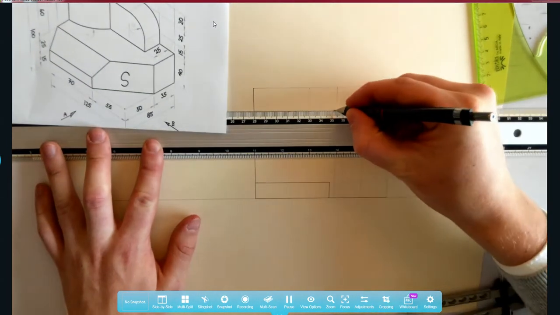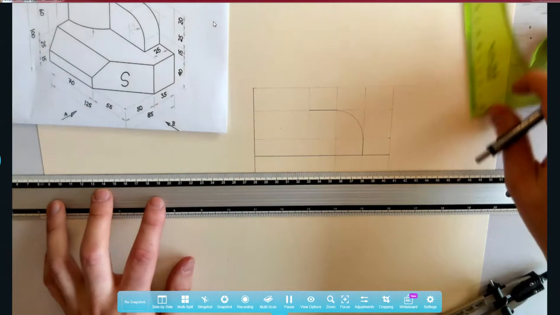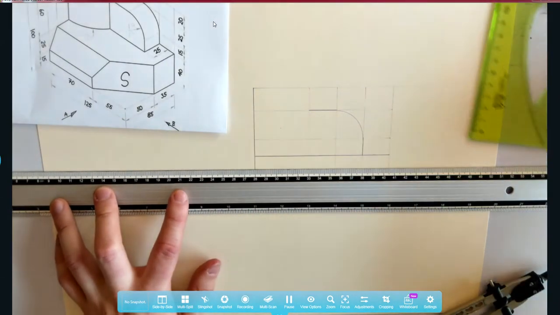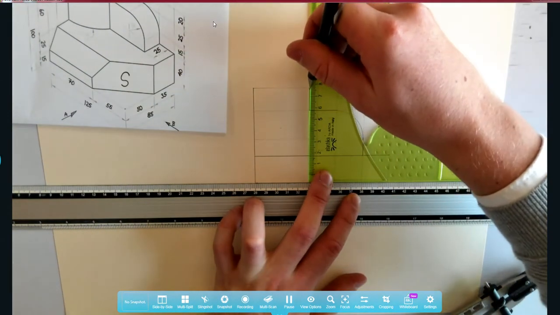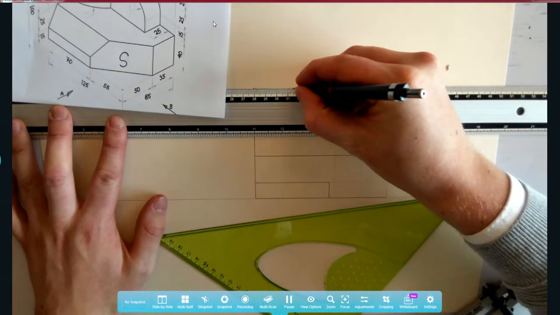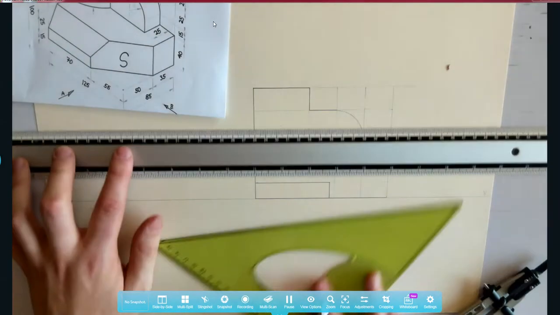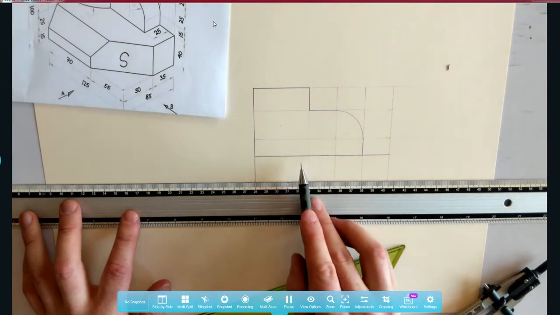And this line goes across to here, but it goes further as well. Okay, and then 50 across goes up here.